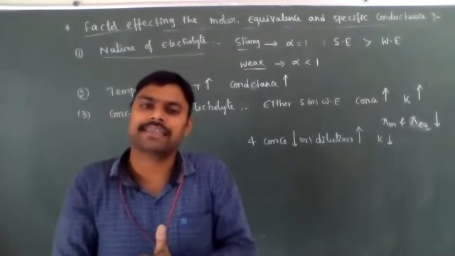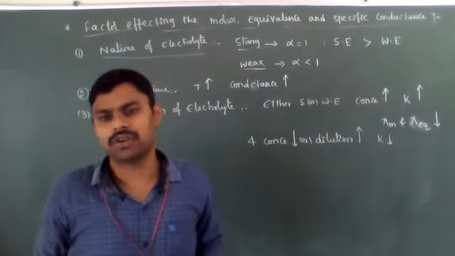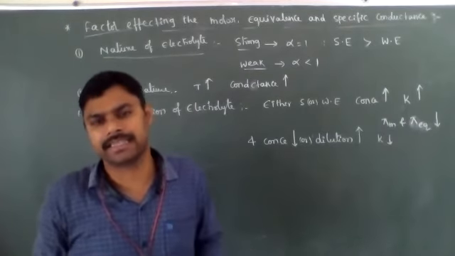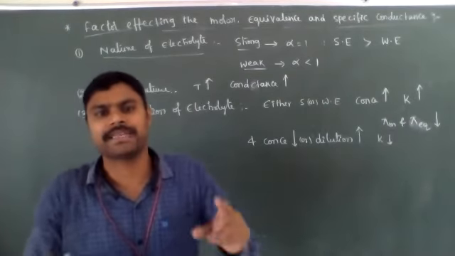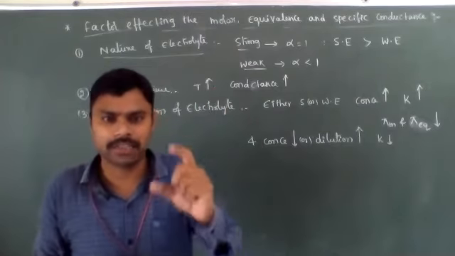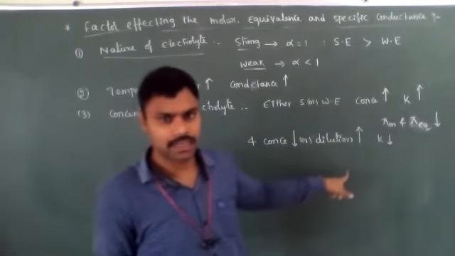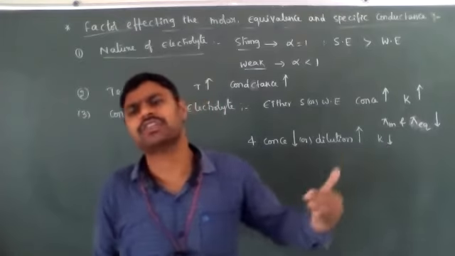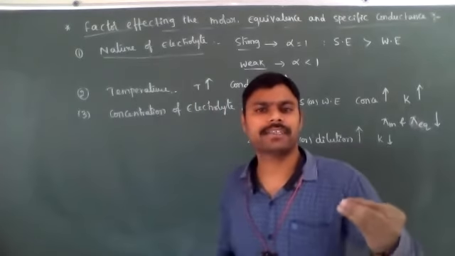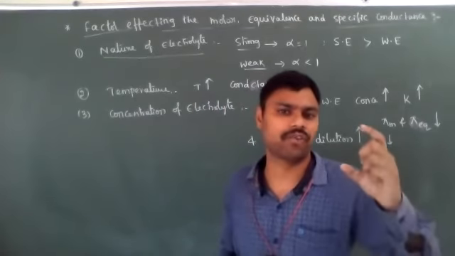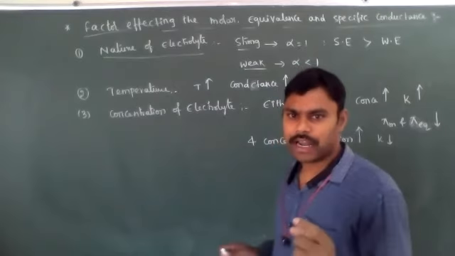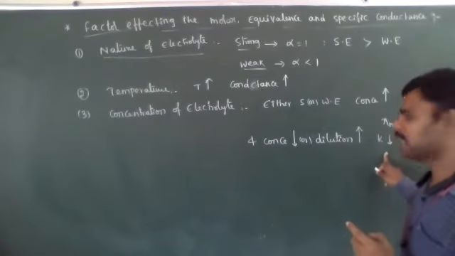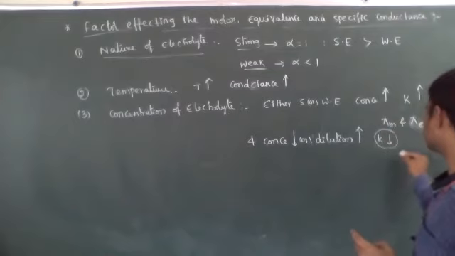Upon dilution, the volume increases, so the number of ions present in 1 centimeter cube or 1 meter cube of solution decreases. That's why the specific conductance decreases.